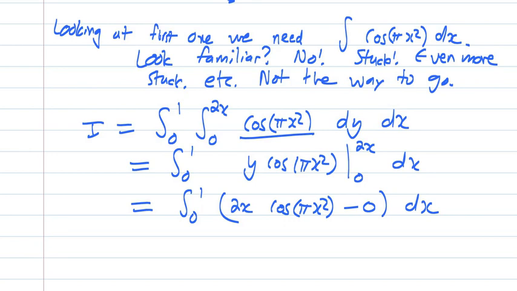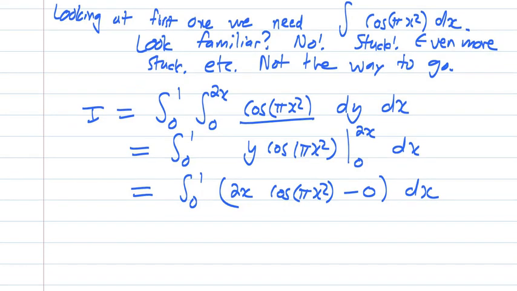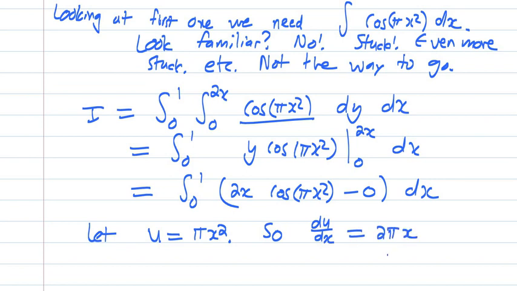So how I'm going to solve this question, I am going to say the following. Let u equal pi x squared. So u is a function of x, so the derivative of u with respect to x becomes 2 pi x.